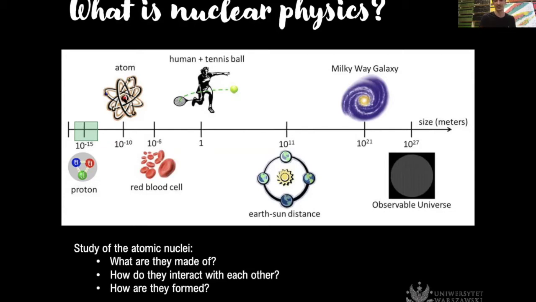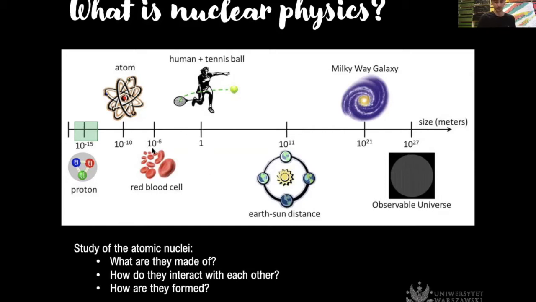When we speak about the study of the atomic nuclei, we are speaking mostly about the study of what they are made of. So we know since the early 1900s that they are made of protons and neutrons.